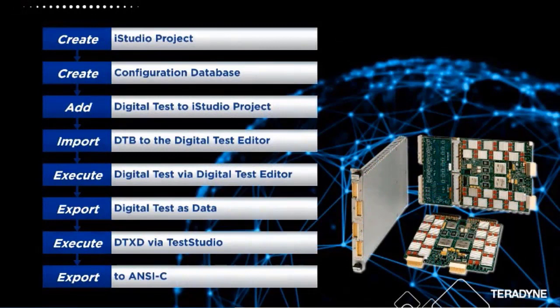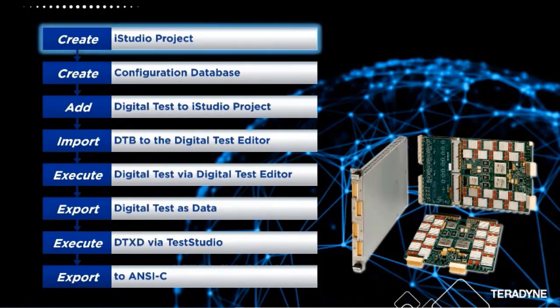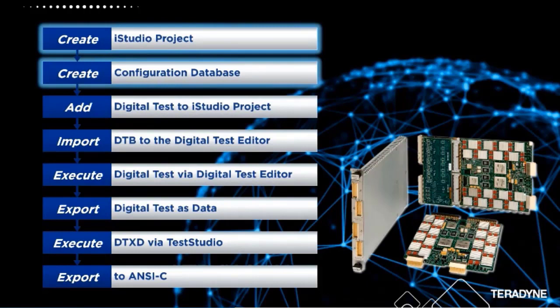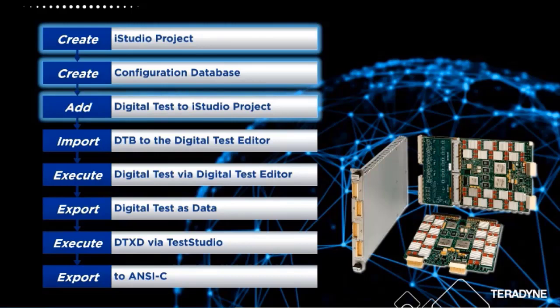The process steps for converting a DTB file to a DTXT file are as follows. First, we will create an iStudio project. Then, we will create an Express Services configuration database for our test system. After that, we create a new digital test to add to our iStudio project.